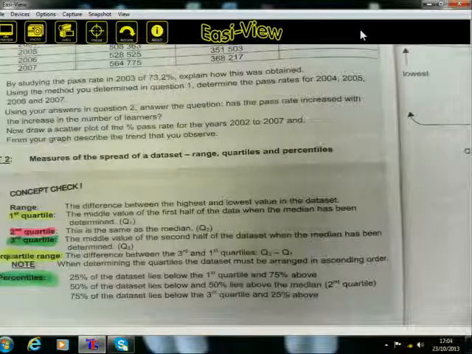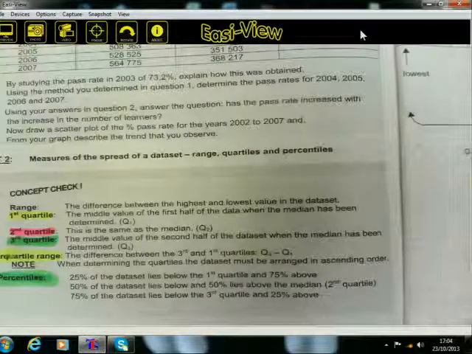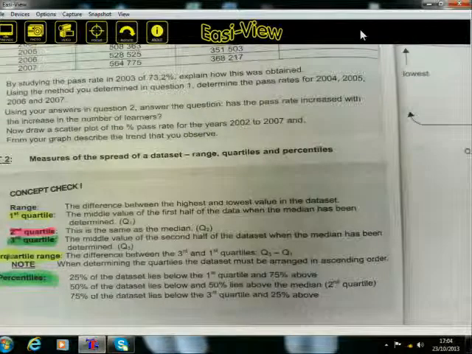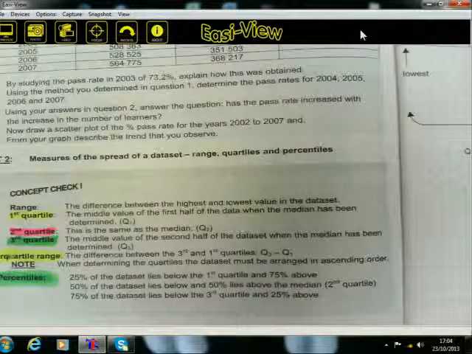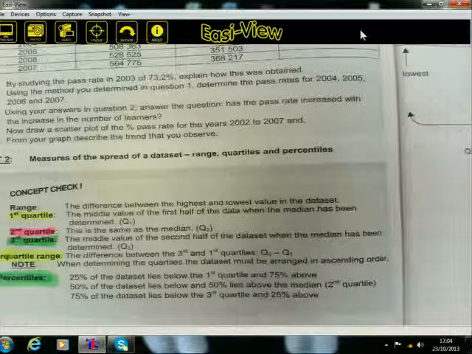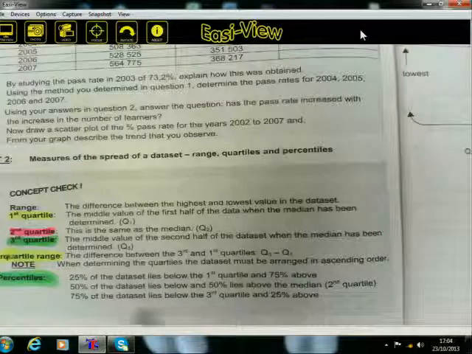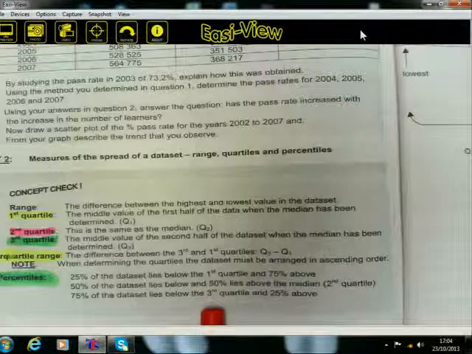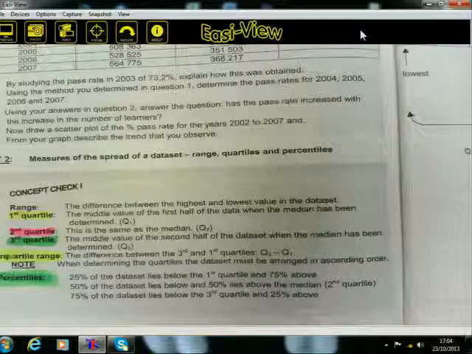The median for our data is 17. Now, 25% plus that 50%, that's 75%. That's why we talked about the third quartile. 75% of the data set lies below the third quartile and 25% above.